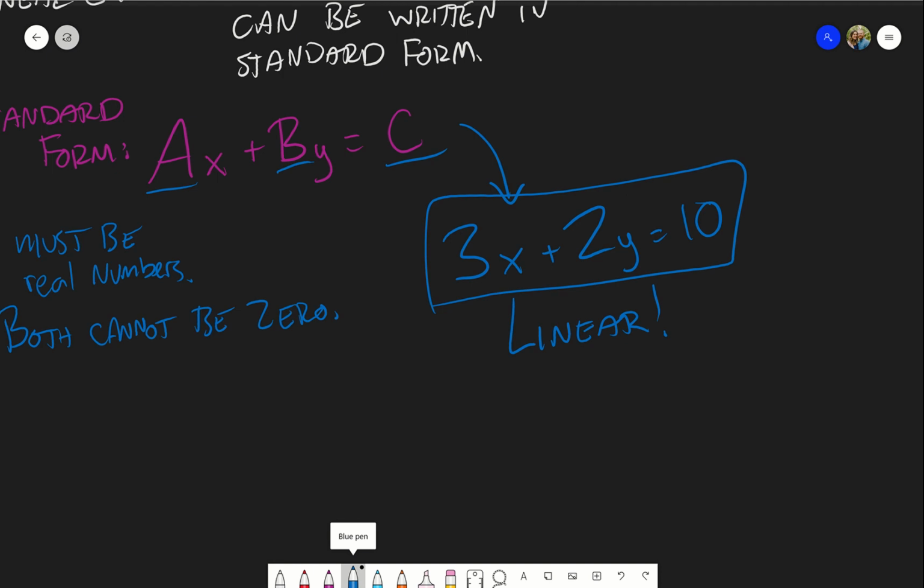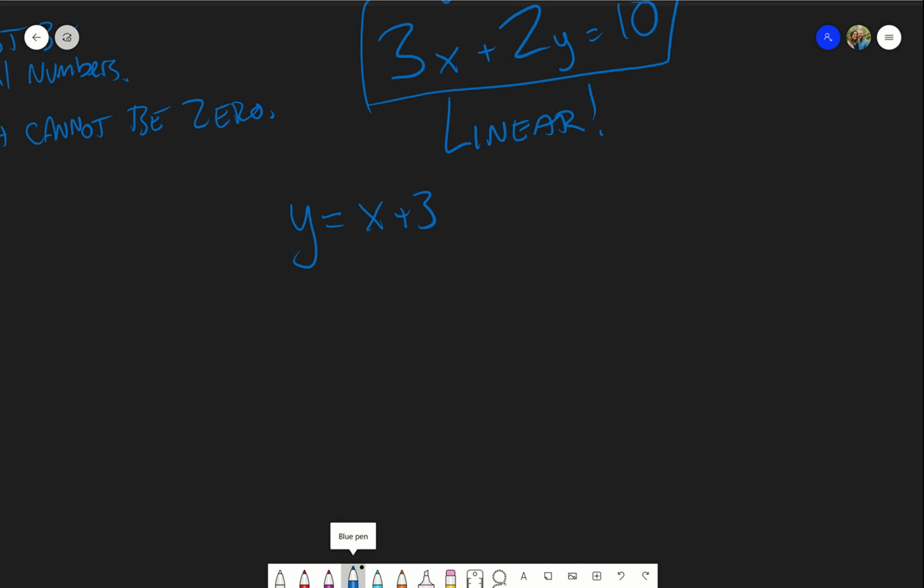So let's say I had y equals x plus 3. Can I do something here to put it in ax plus by equals c? Can I get my x and y on one side and my other value all alone on the other side? Well, let's check. I want to get my x over here, so I'm going to minus x on both sides. This gives me y minus x equals 3.